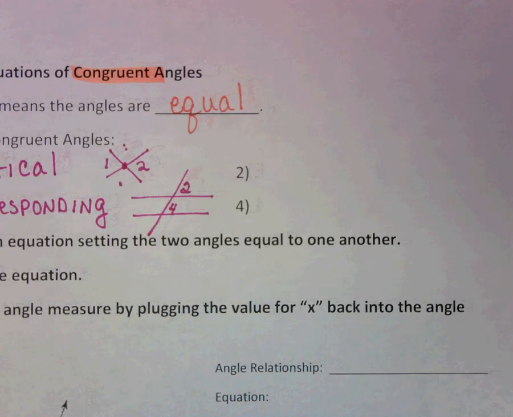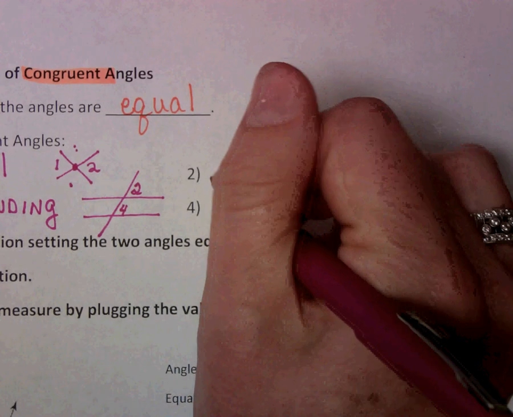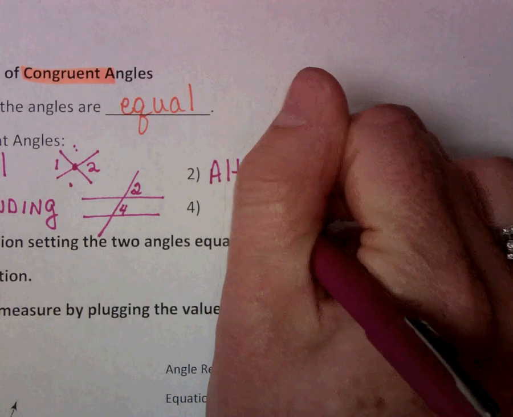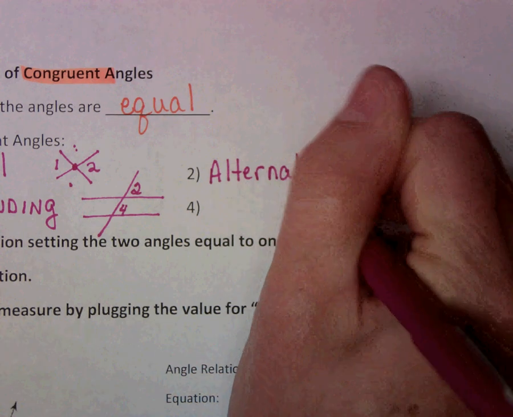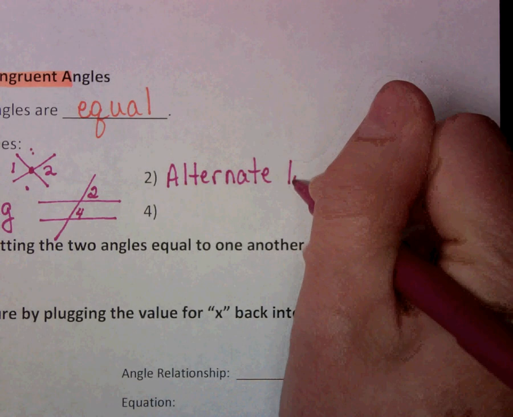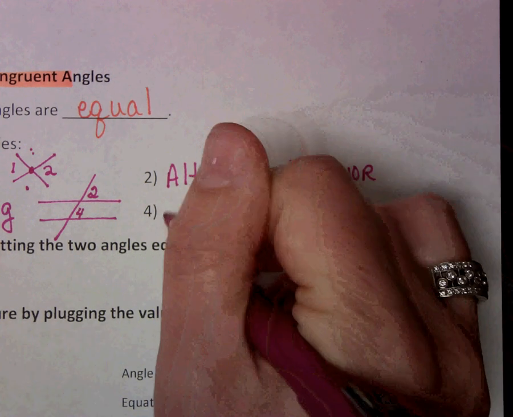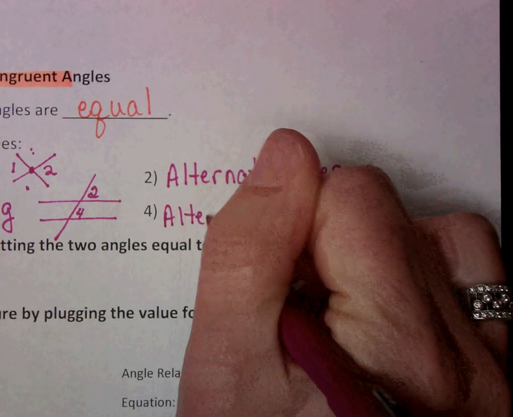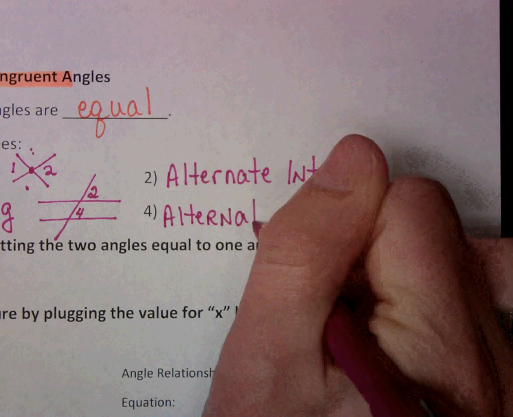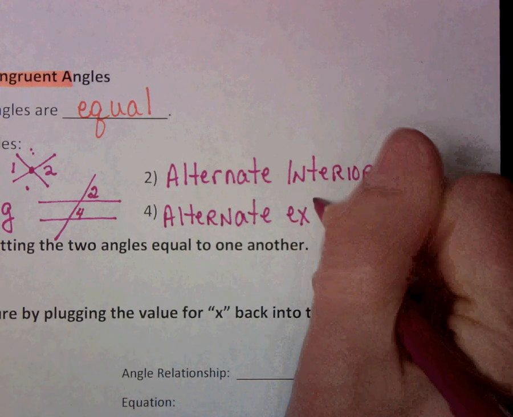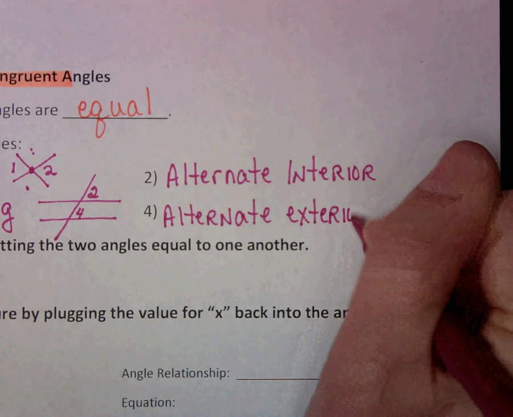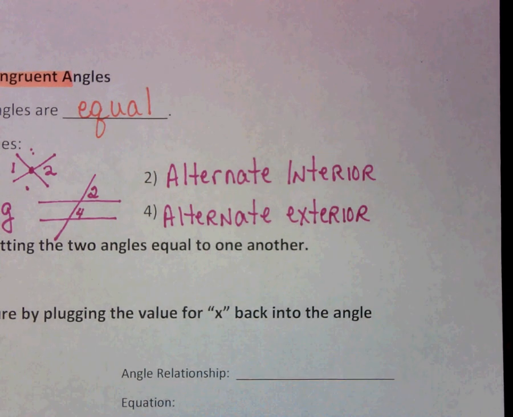Another example of congruent angles are the alternate angles. And y'all are getting pretty good at that. Our alternate interior angles are congruent and our alternate exterior. Remember, at any point, if you need to pause the video to write something down or rewind it to hear it again, do that.